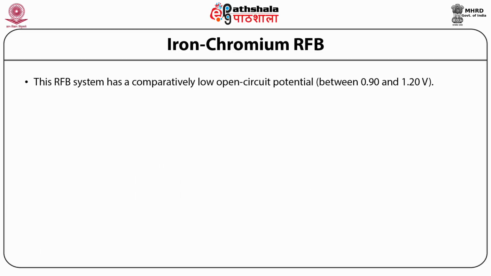This RFB system has a comparatively low open circuit potential between 0.9 and 1.2 volts. The design of the iron chromium system must withstand crossover of iron to the chromium stream and vice versa.